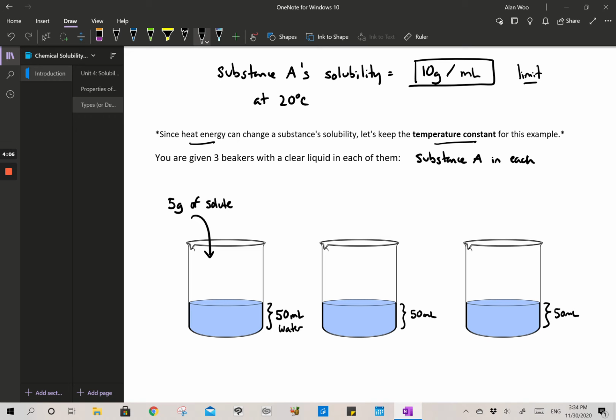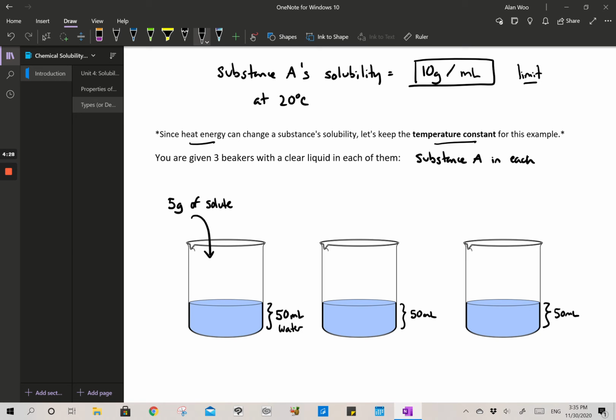If I add 5 grams of solute to 50 mL of water, would that completely dissolve? Have I reached my maximum? Well, the only way for us to figure that out is to actually find the maximum for 50 mL.